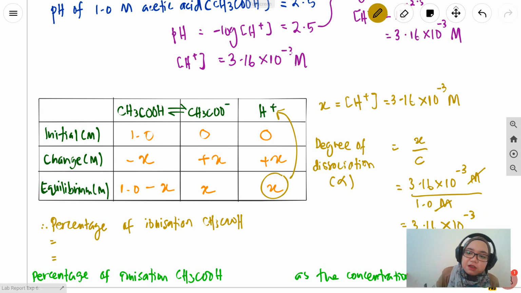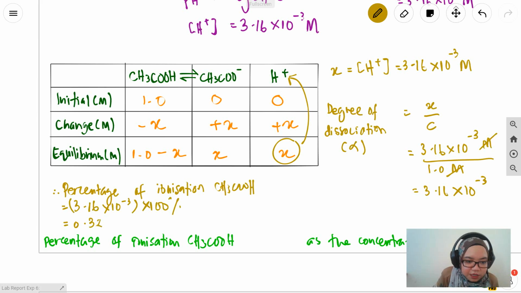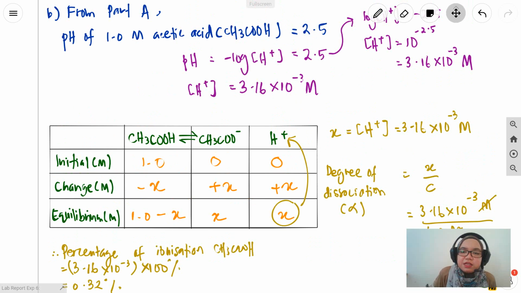So we want it in terms of percentage. So 3.16 times 10 negative 3 times 100%, you will get 0.32%. Okay, tadi soalan dia nak tahu, the question asks you to state the relationship, kan?